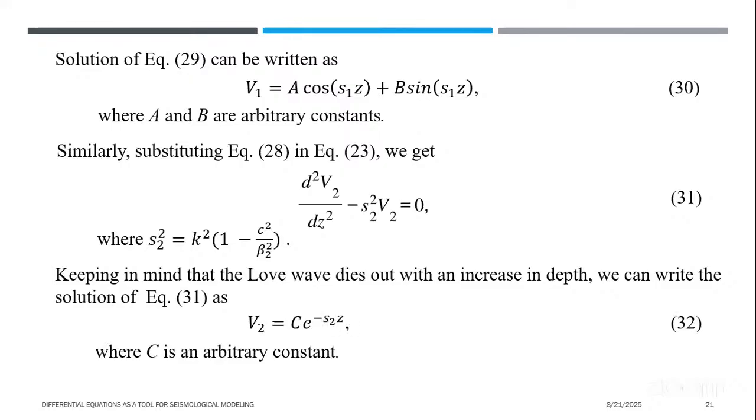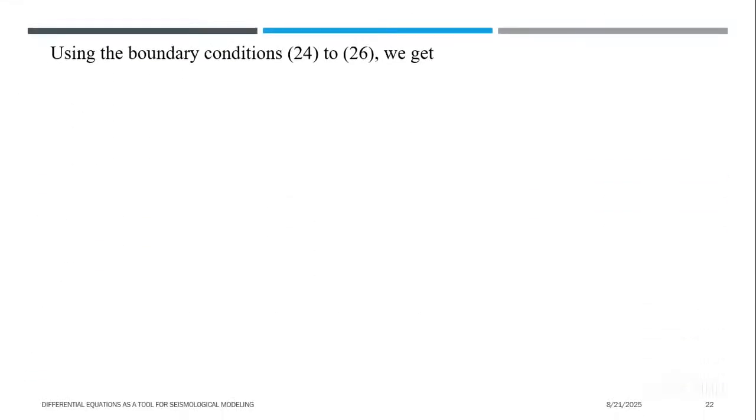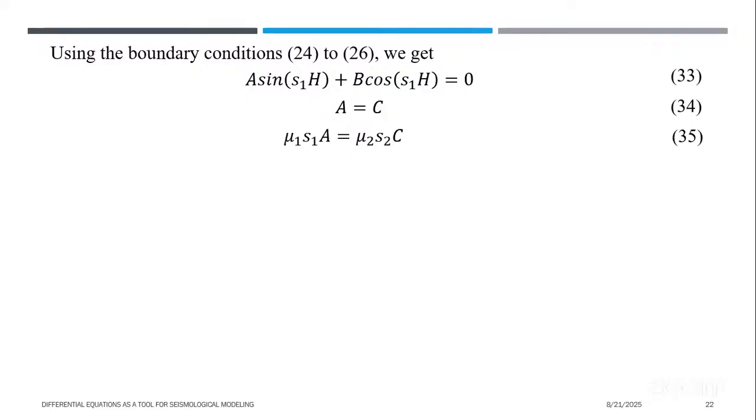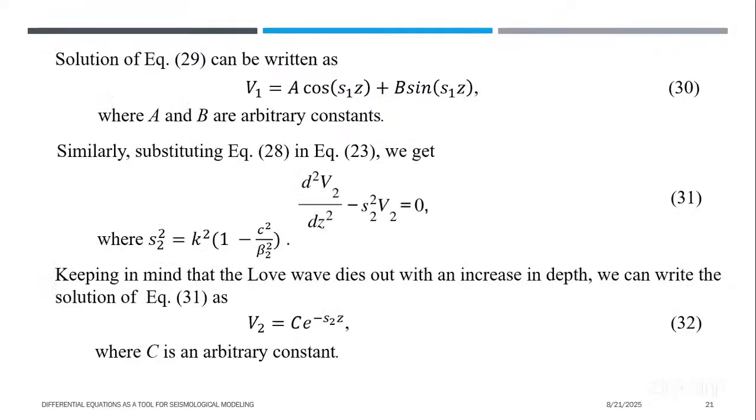Now we got the solution for the semi-infinite medium, V2, the amplitude, and V1. Because we got capital V1 and capital V2, we can compute the displacement, but with arbitrary constants. How many arbitrary constants do we have? Three.